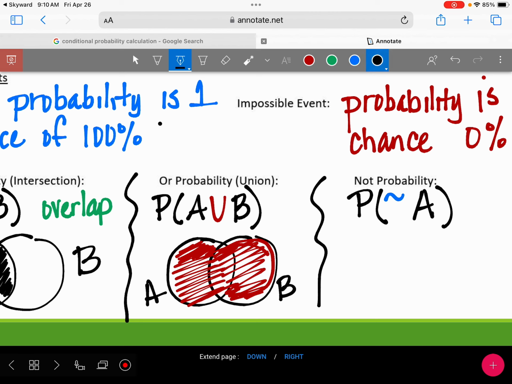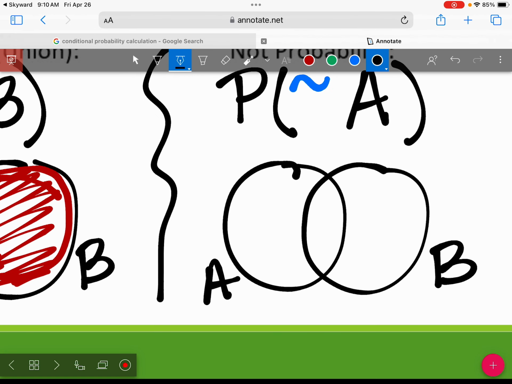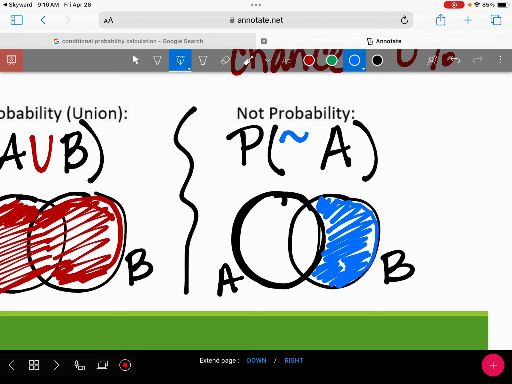So let's go ahead and draw our A and B. So this side is A and this is B. If it's not A, that means I have to color everything except for A. And keep in mind that this whole circle here will be A. So not A would be this part. That's not A.